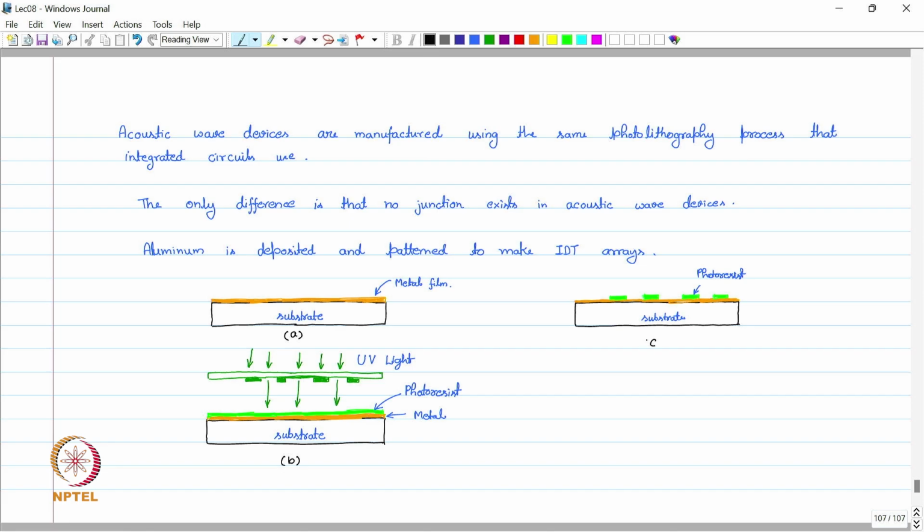This is step C. Now we use chemical to wash away the extra metal which is exposed now to the outside environment, and the metal which is shielded by this photoresist will not go away by the chemical treatment. So when we do this chemical treatment, our pattern is transferred onto the metal.